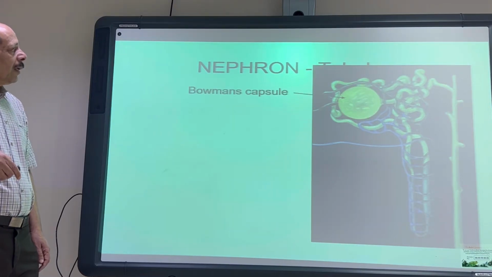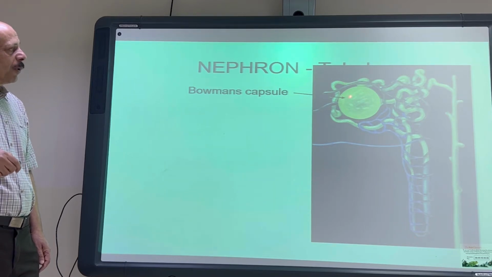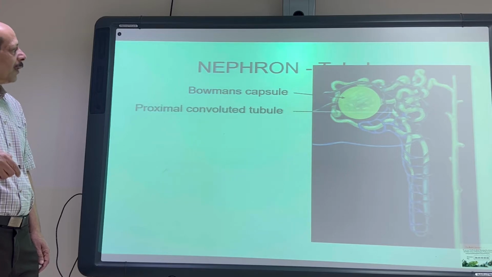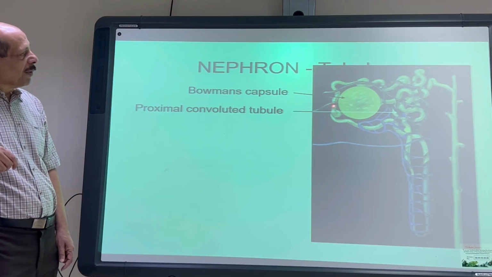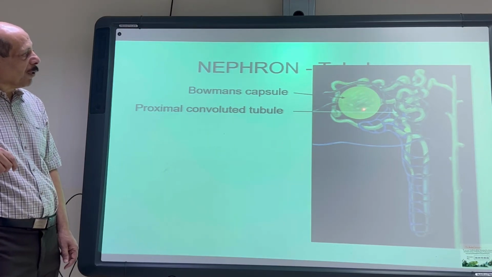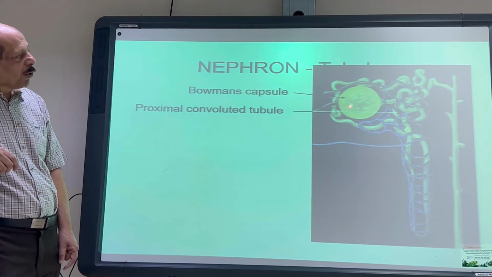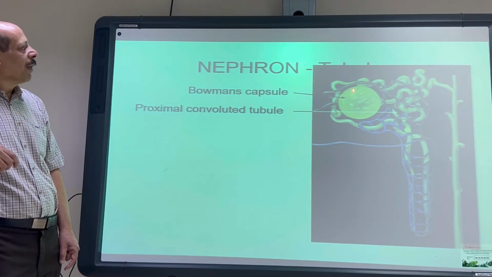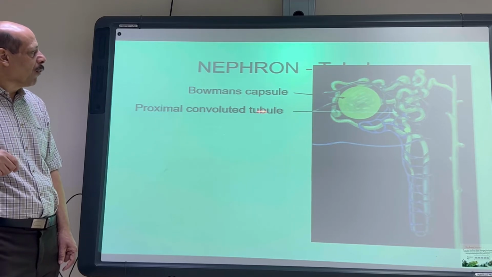So this, as we said, is the Bowman capsule and the glomerulus. And this is the proximal convoluted tubule. The filtrate which is coming out from the capsule will go to the proximal convoluted tubule.